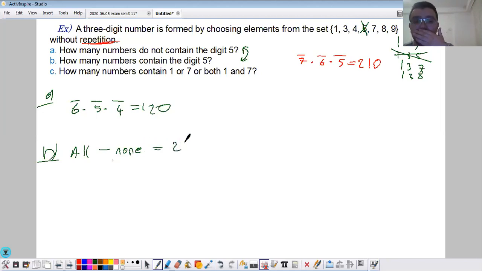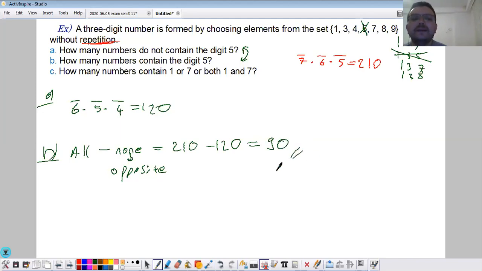We can create 210 numbers, which is all possible numbers. 120 of them are not including 5, which is the opposite of including. So that makes how many? 90. 90 numbers have the number 5 in them.